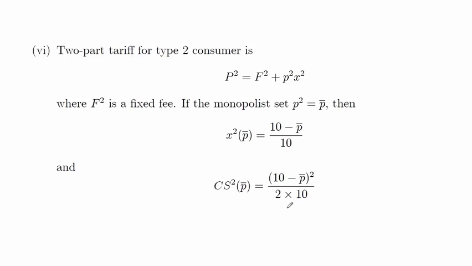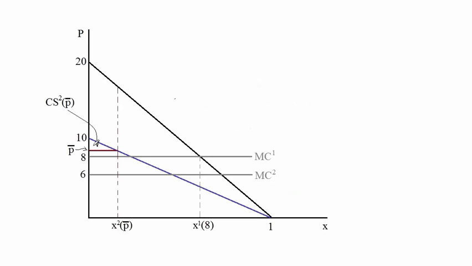Let's see why I wrote this. This is our consumer surplus that we want to find. This is going to be 10 minus P bar, so that's the distance, and we'll multiply it by this distance, which is x2 of P bar, which is 10 minus P bar over 10, using the normalized demand function.